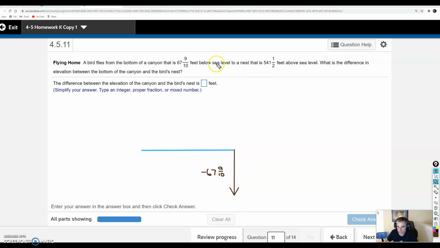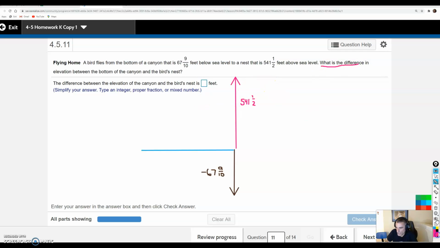And then, I'm sorry, the nest isn't down there. The bird just flies down there. And then the nest is 541.5 feet above sea level. So the nest, we start at sea level, is actually way up here. And that's a positive 541.5. And so they said, what is the difference, right?